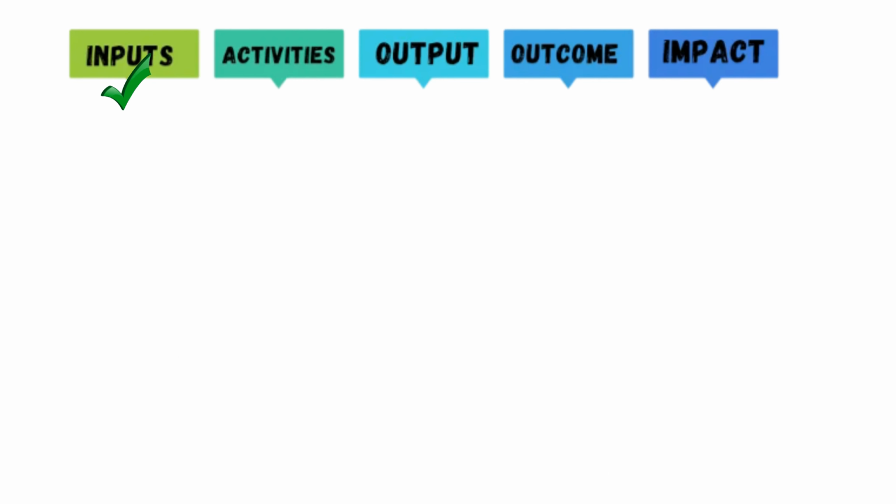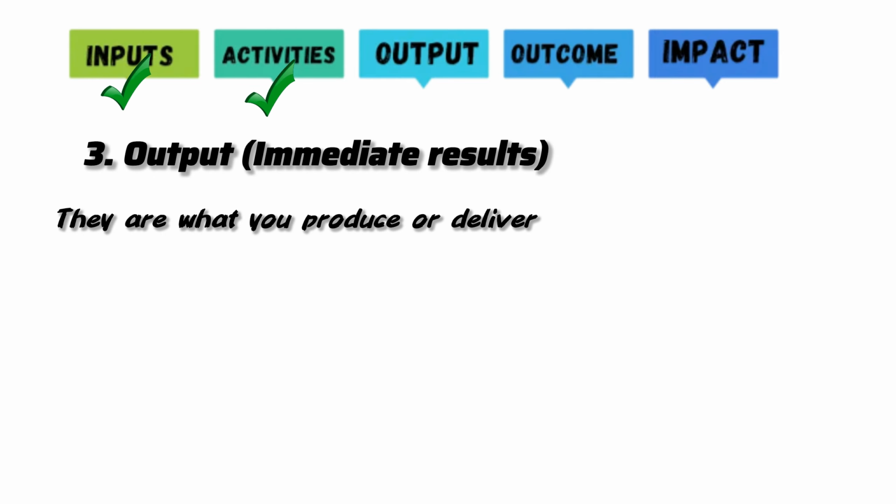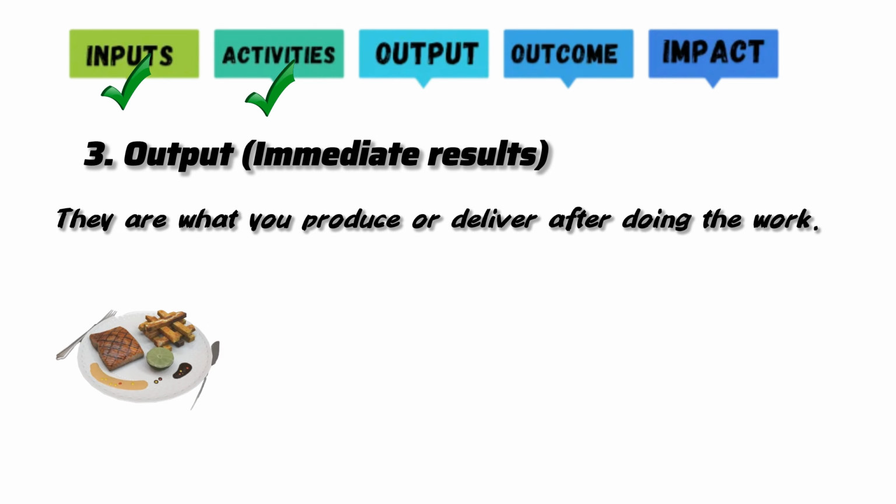Let's now talk about the third part, which is outputs or immediate results. So outputs are the immediate direct results of your activities. So they are things you can count. So back to our cooking example, the output is the finished meal, the plate of food on the table. You can count it.